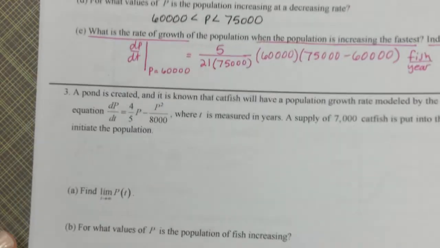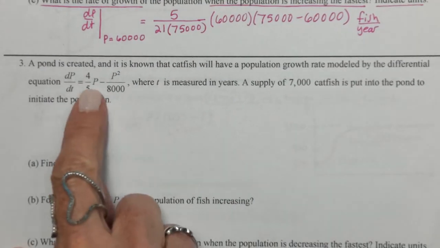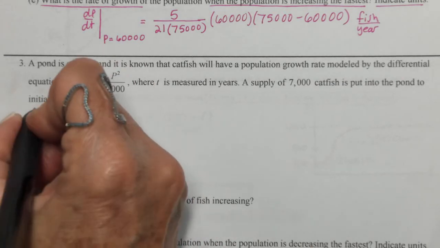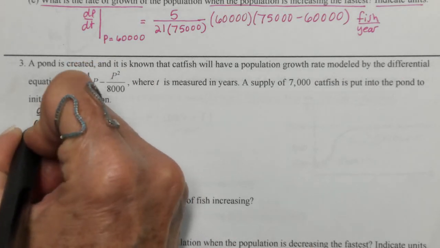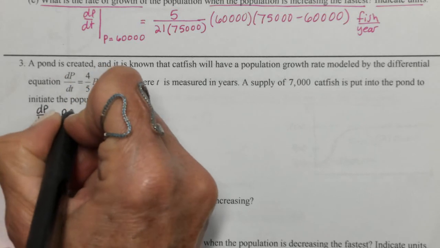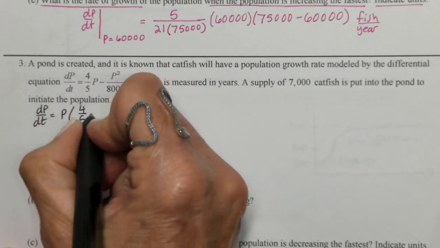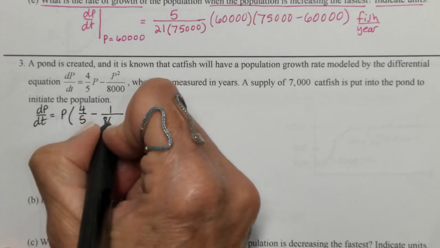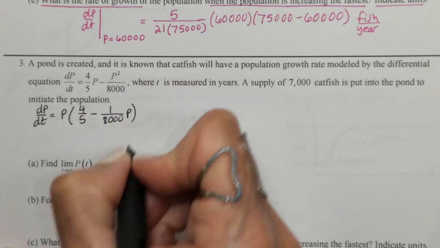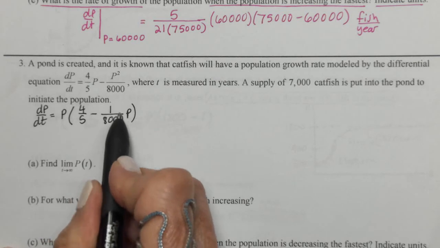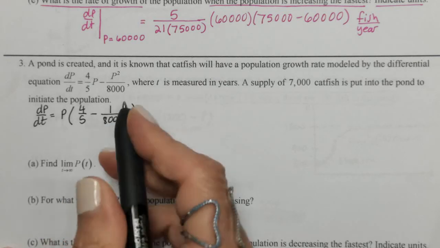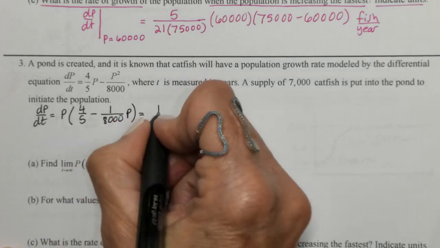Okay, I begin by factoring out a P. So I'm going to factor out a P, and I'm left with 4/5 minus 1 over 8,000 P. Okay, now I need to make this coefficient a -1, so I'm going to factor out a 1 over 8,000.